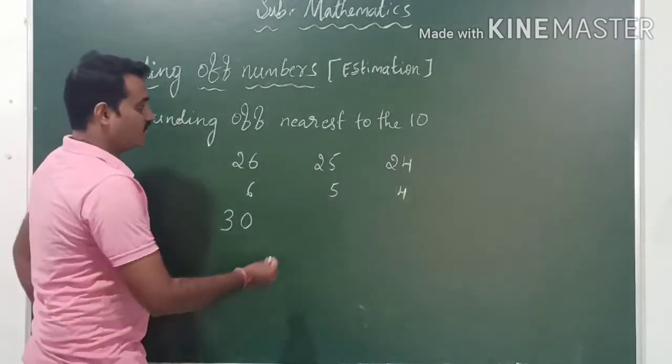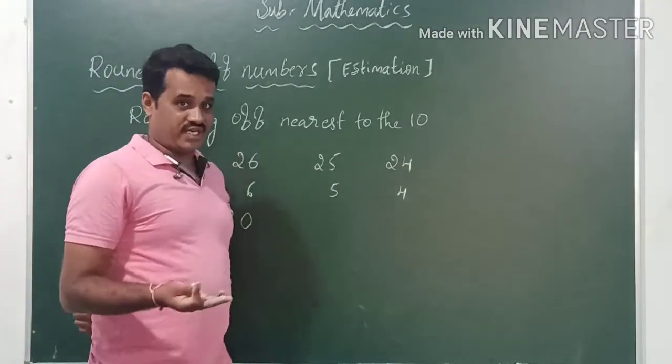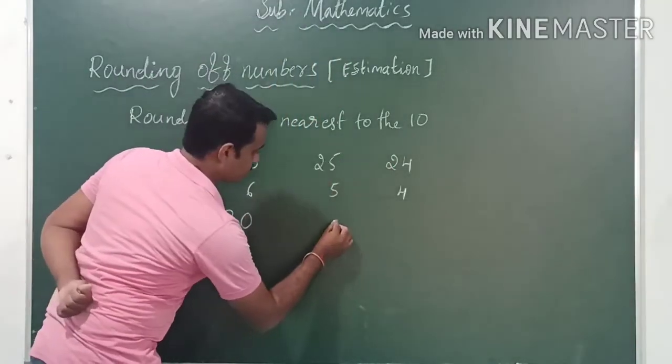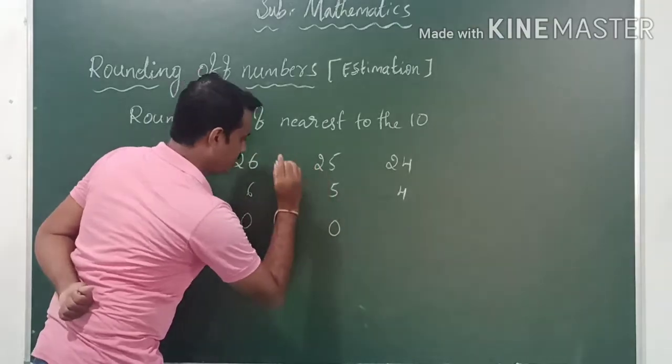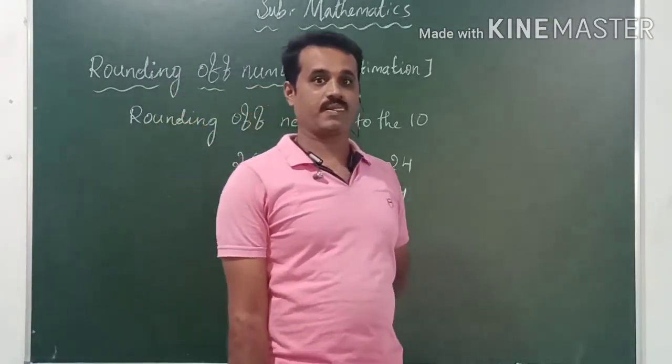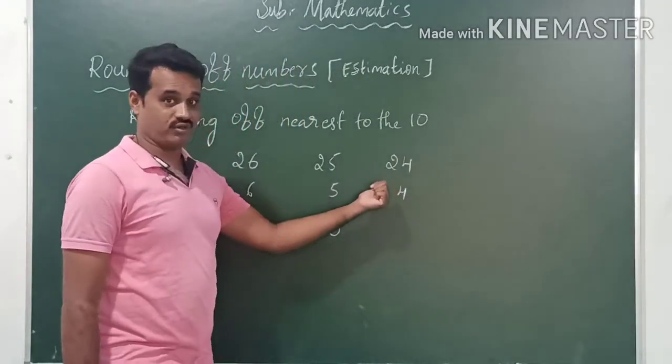In the same way, 25. Already I have said 5 or more than 5. In ones place, make 0, add 1 to the tens place, this also becomes 30. And even here 24.